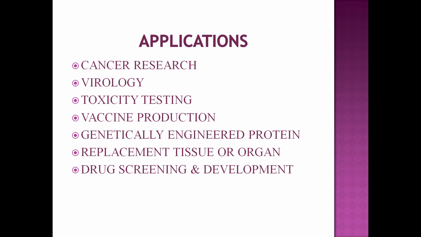Primary cell culture can be used as replacement of tissue or organ in wound healing and other tissue engineering applications. For example, artificial skin can be produced by using primary cells to treat patients with burns and ulcers. Research is ongoing for artificial organ culture such as liver, kidney and pancreas.